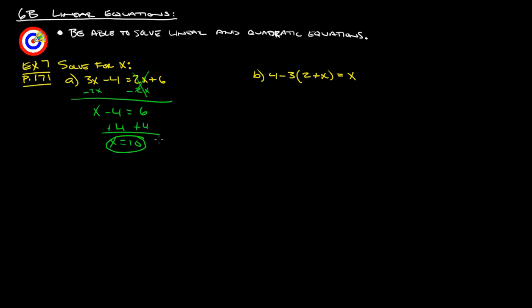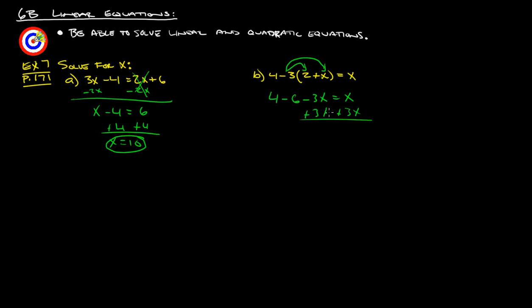Okay? So on this one here, again, I'm going to distribute this negative 3 through to both of those and see what we get. 4 minus 6. Negative 3 times 2 is negative 6. Negative 3 times x is minus 3x equals x. Again, to get rid of this negative 3x, I'm going to have to add the 3x.